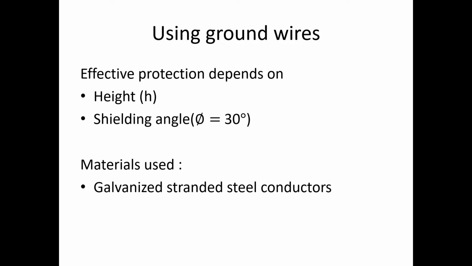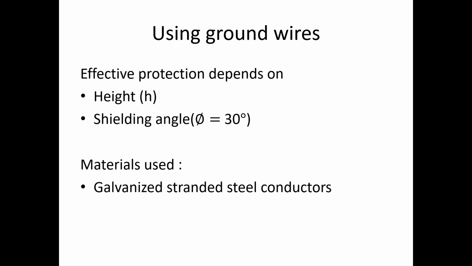For effective protection of the transmission line using a ground wire, the major considerations are height and the shielding angle or protection angle. The protection angle should be approximately equal to 30 degrees, and the material used for manufacturing the ground wire is galvanized stranded steel conductor.